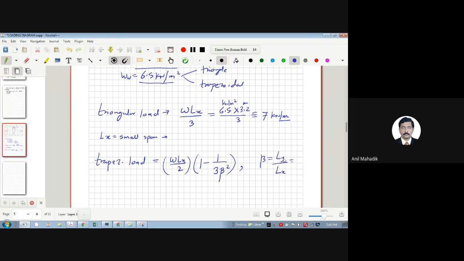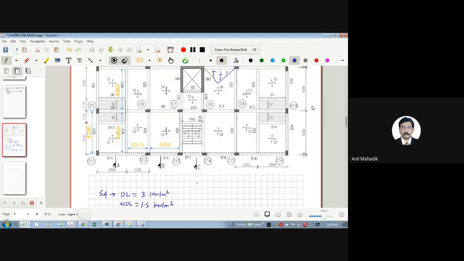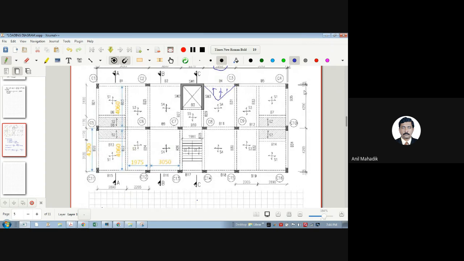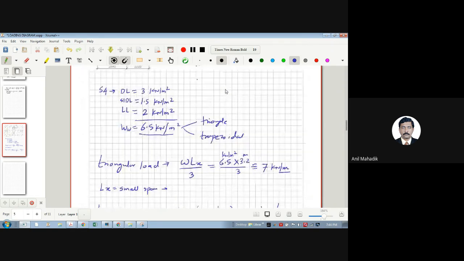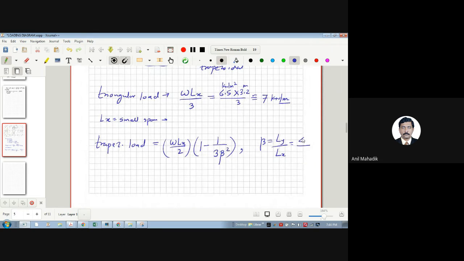Ly is the bigger span and Lx is the smaller span. So how much is our Ly? It is something like 4.29. You can see here, this is my Ly, bigger span, and 3.2 is the shorter span. So 4.29 divided by 3.2, how much is this number? 1.34.